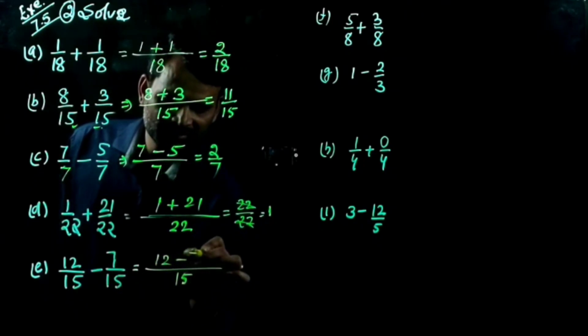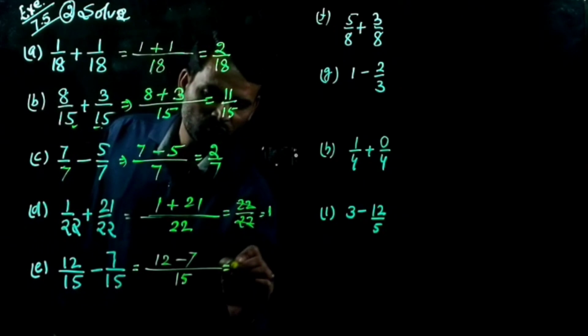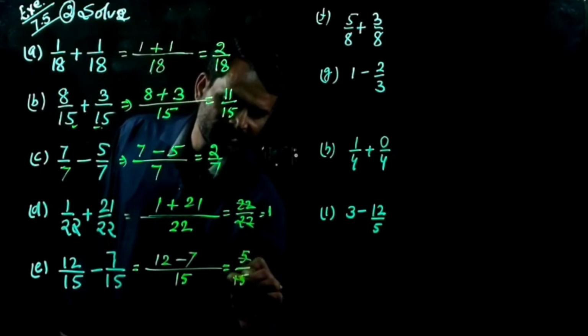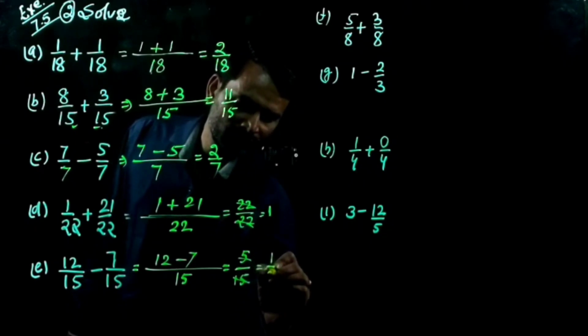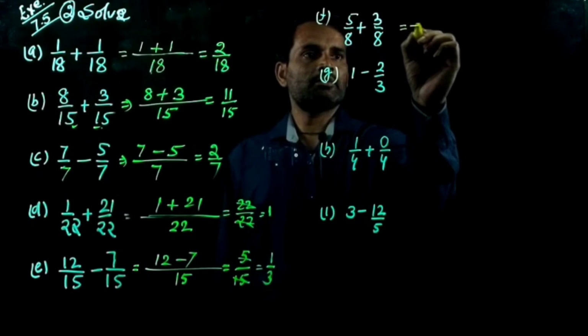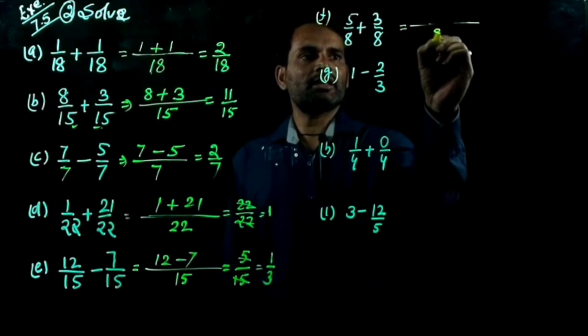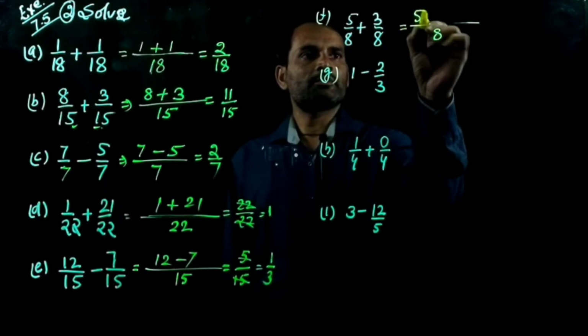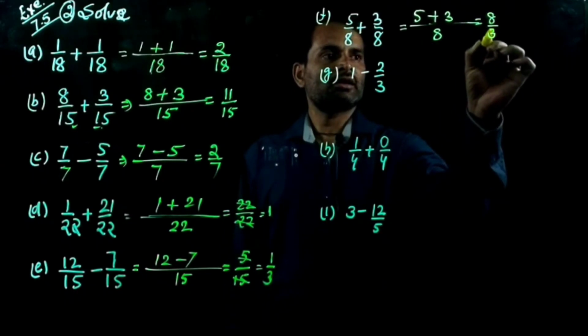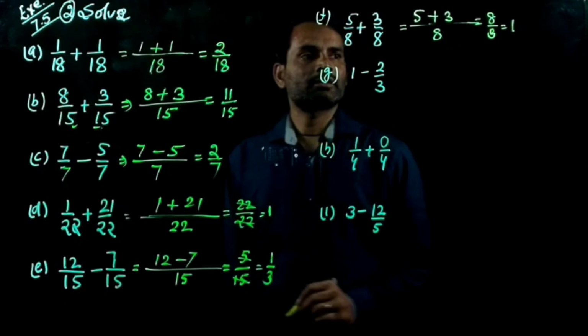Now the next question: the denominator values are the same, 15, so 12 minus 7 is 5 and 5 upon 15, and after cancellation in simplified form it is 1 upon 3. Now next, here the denominators are the same, 8, and 5 plus 3 is equal to 8 upon 8 is equal to 1.